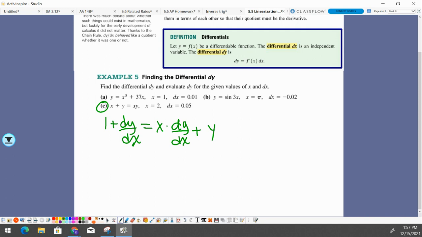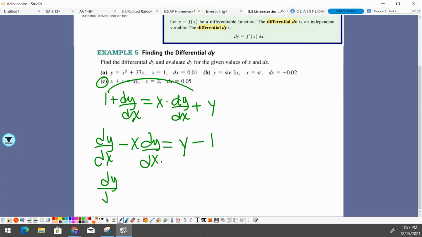Then I just want to get my dy/dx's on the same side. So I'm going to keep this one on this side. Subtract my x dy/dx, equals, I'm going to keep the y on this side, but I need to subtract the 1 to move it to the other side. So everything on the left has a dy/dx, everything on the right does not.